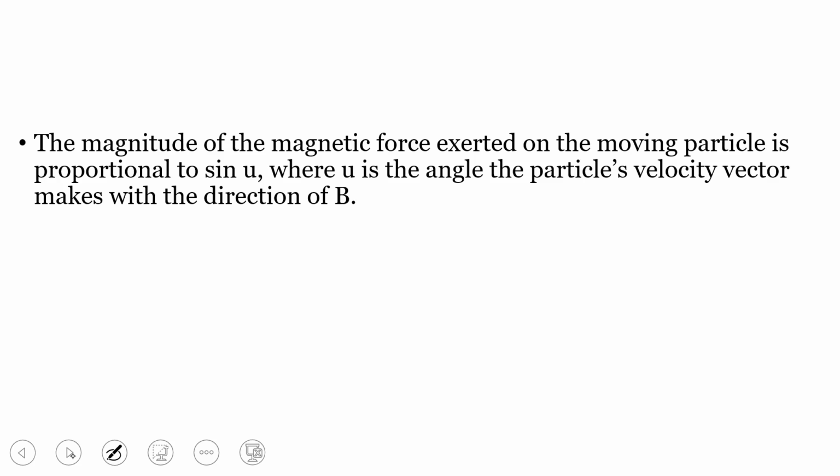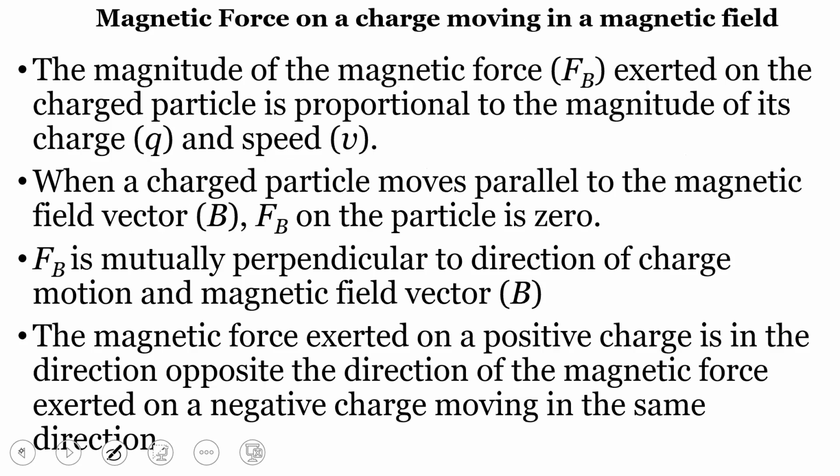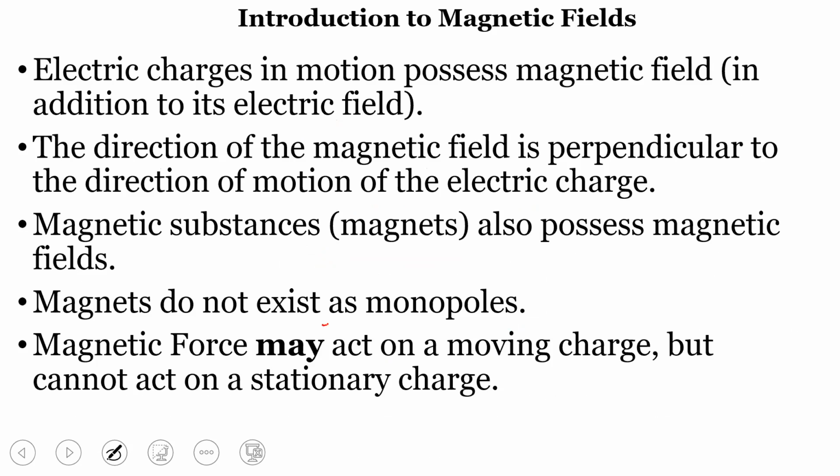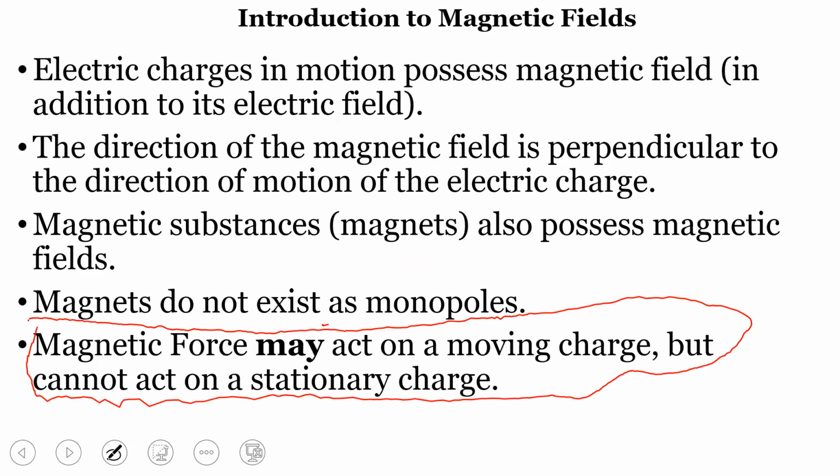And that buttresses what we said earlier, that when the direction of motion is perpendicular to the direction of the magnetic field, we should expect maximum force, maximum interaction. But when it is moving in the same direction, that means the magnetic force may not act on the moving charge.